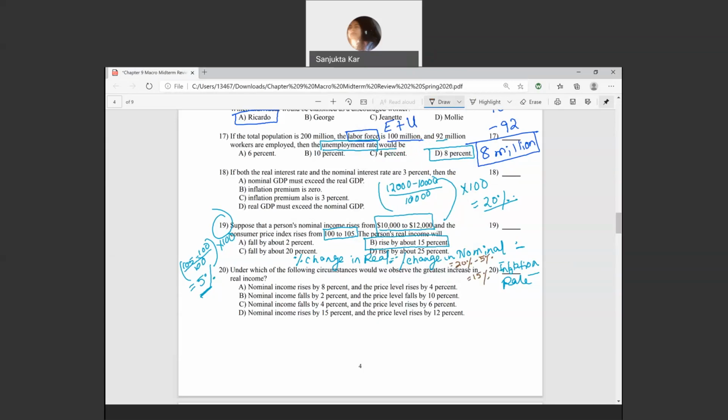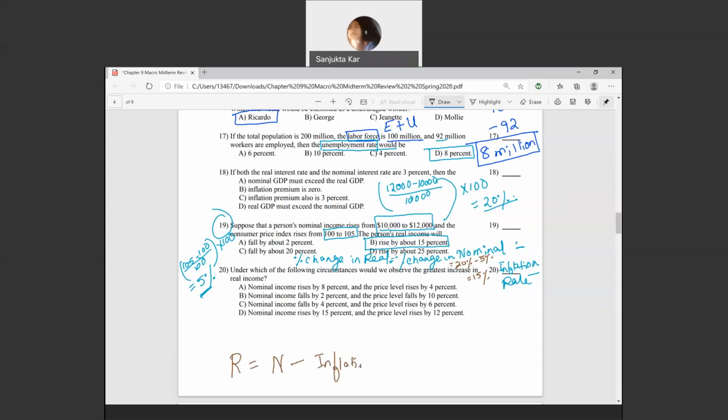All right. Let's take a look at question number 20. I'm going to use the same formula I used for question number 19 to do this problem. This one says the real is equal to nominal minus inflation.